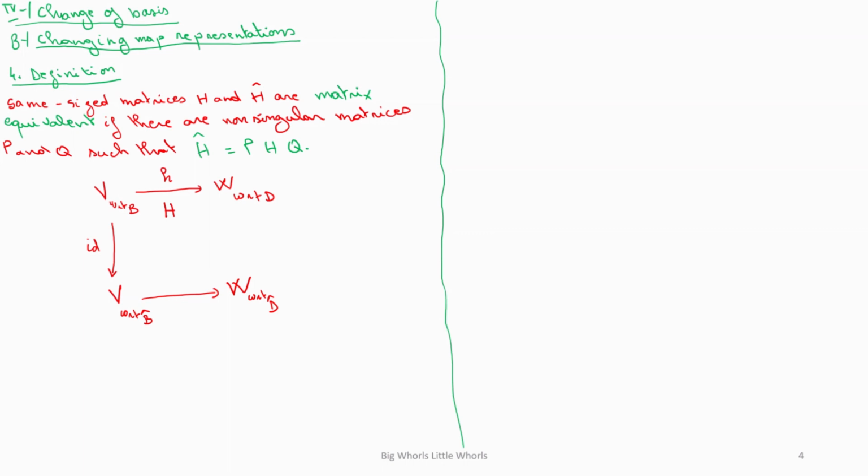And here as well, from W to W is going to be the identity map. And when it comes to the map from V with respect to B hat to W with respect to D hat, we still have our same map, but this time the representation is going to be different, H hat.